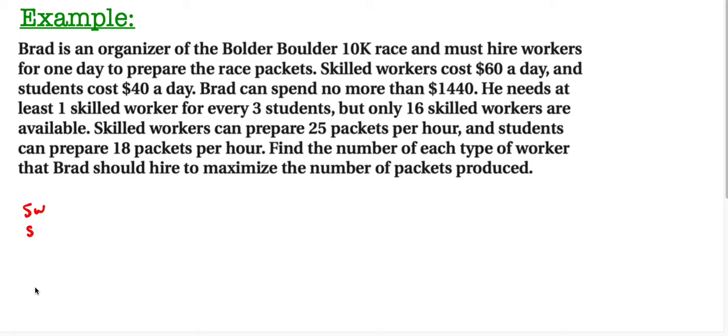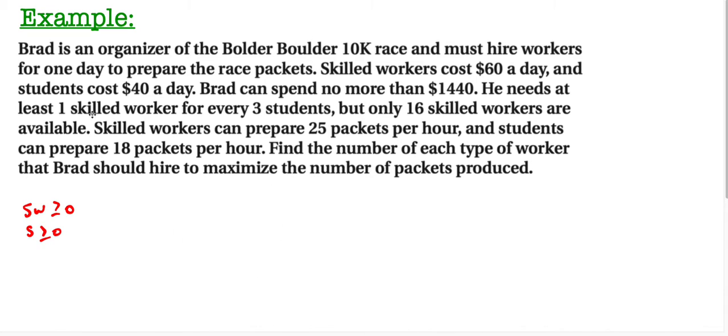Okay, what were the first two equations in the last one? Greater than or equal to 0. So it just would be the skilled workers greater than or equal to 0, because we can't have a negative number of workers. We can't have a negative number of students. Perfect. So we've got two of them. Now, all this does is really, it means that we can make our graph to the upper right-hand corner. We don't need to have all four quadrants.